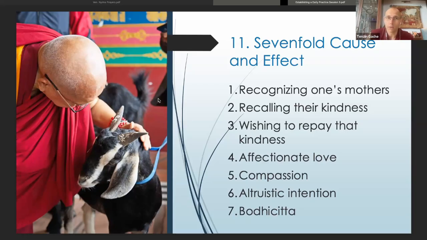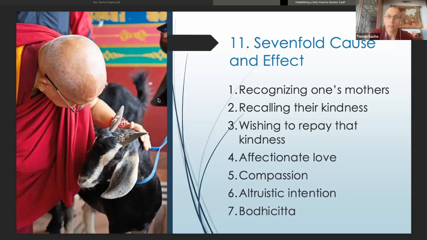So we start thinking about the kindness of other beings, and then recalling the kindness. We think about how kind people have been to us. Traditionally, again, it's focused on one's mother, but it can be anybody that you find who has been very kind to you.